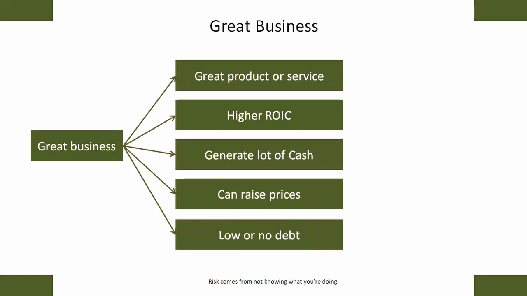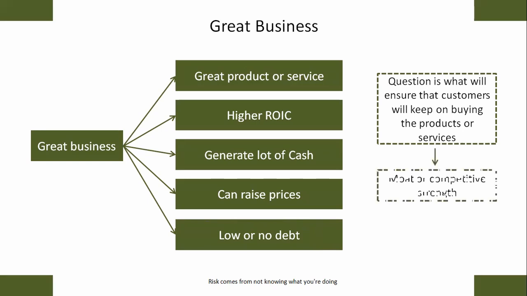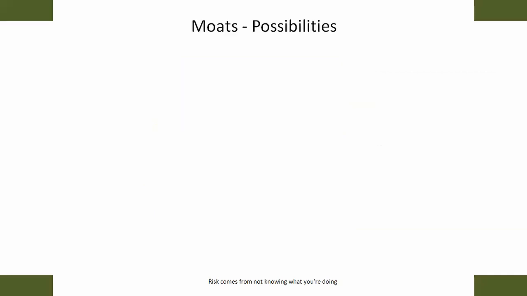So once we identify great businesses, the question is, what will ensure that customers will keep on buying these products or services in future? For this, we need to evaluate the moat or competitive strength. Moats have three possibilities.